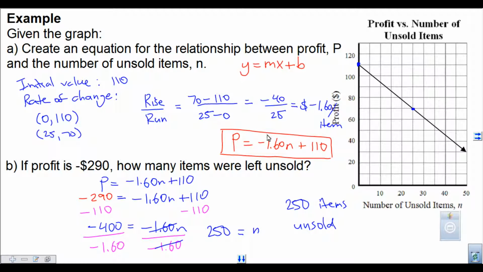Okay, so we were able to solve a problem by first modeling the relationship between these two variables. So that's the big idea. Can you make an equation using the initial value and the rate of change, and then substitute to solve a problem? In this case, we had to solve an equation.